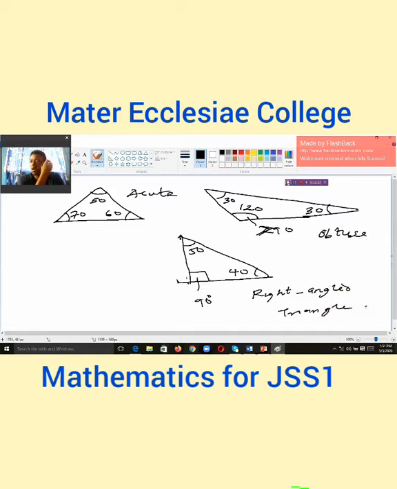So for acute angle triangle, all the angles are less than 90. For obtuse, it has one of its angles above 90 degrees. And for right angle triangle, one angle is 90, then the others add up to 90 to make 180 degrees.